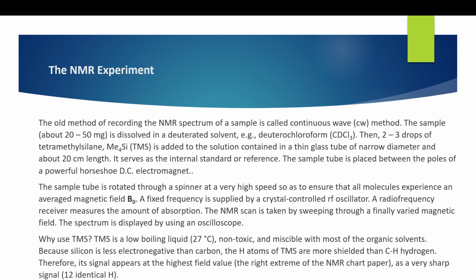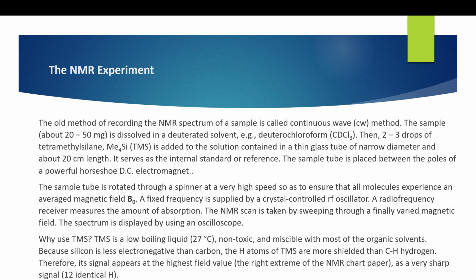Then a fixed frequency is supplied by a crystal controlled radio frequency oscillator. The radio frequency receiver measures the amount of absorption. NMR scan is taken by sweeping through the finely varied magnetic field. The spectrum is displayed by using an oscilloscope.